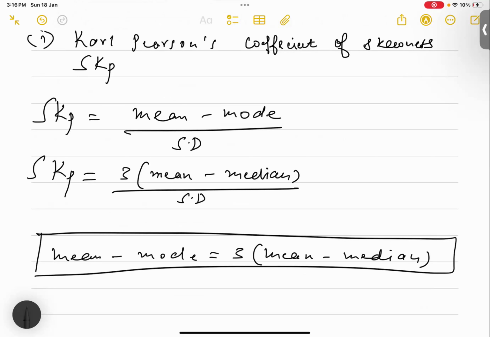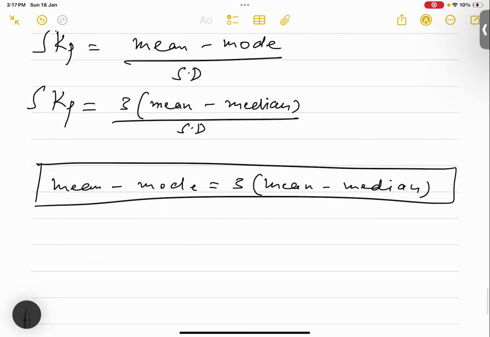Okay. The second relative measure is Bowley's coefficient of skewness. I'll just write it down.